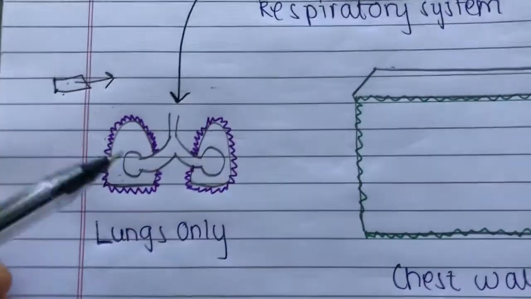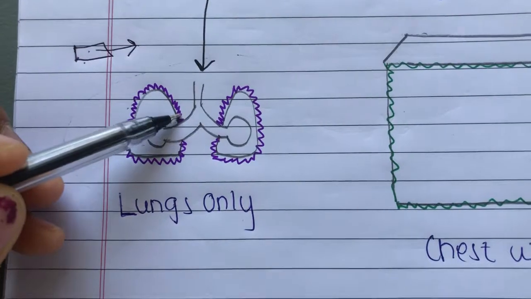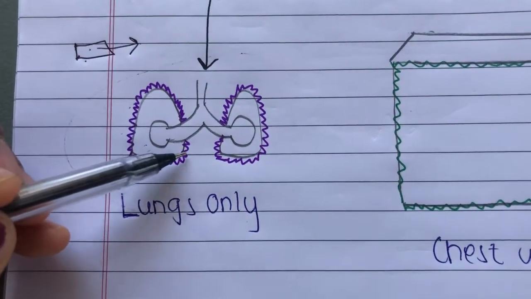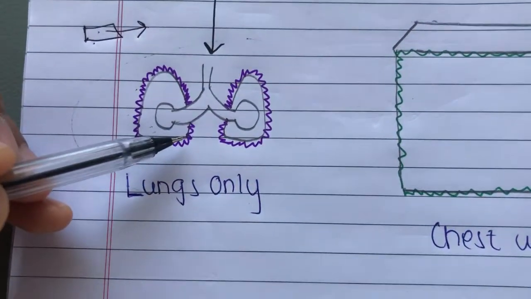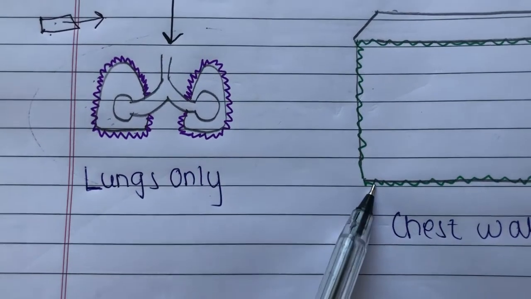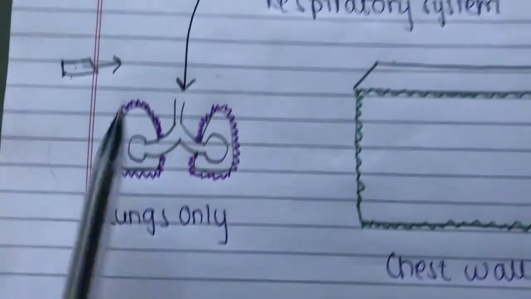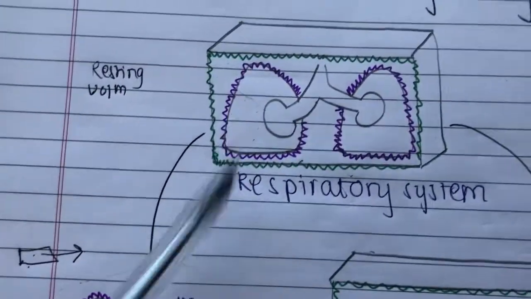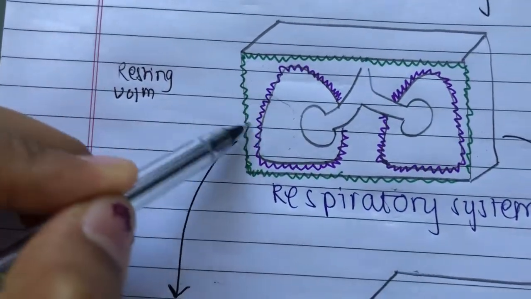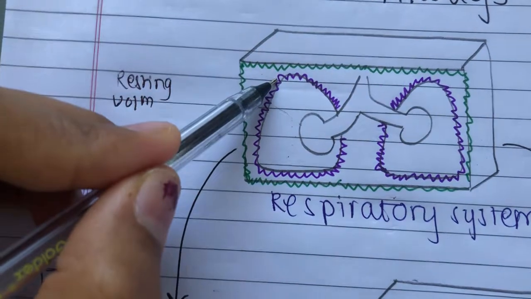Now, as I've already said, there is a visceral pleura attached to the lung surface. Now, these visceral and parietal pleura are very sticky. So when you put both these things together, there is a stickiness that develops between these two layers.